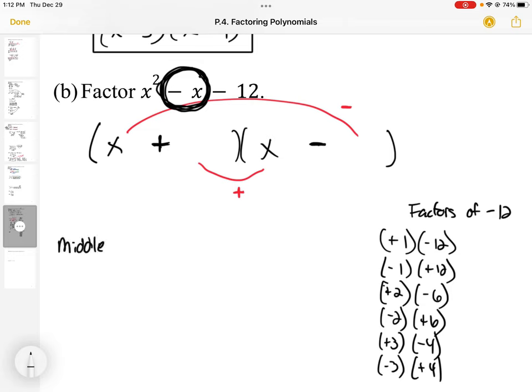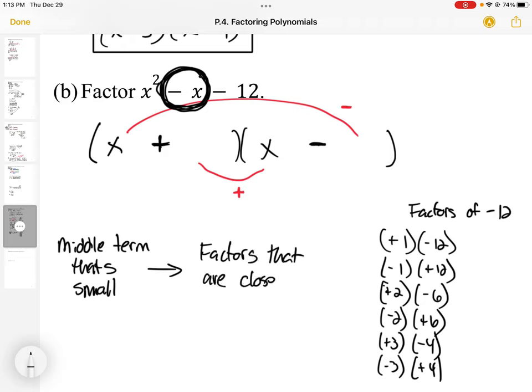Middle term that's small, we're going to look for factors that are close together. And vice versa, if a middle term is big, we look for factors that are further away. That doesn't mean those are going to work, but that's where we should start.